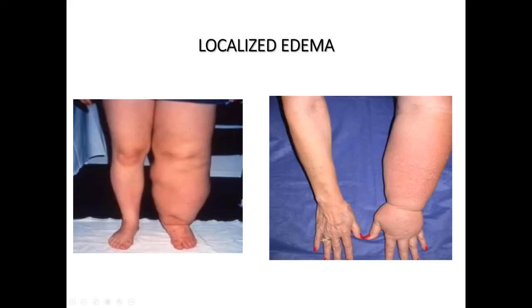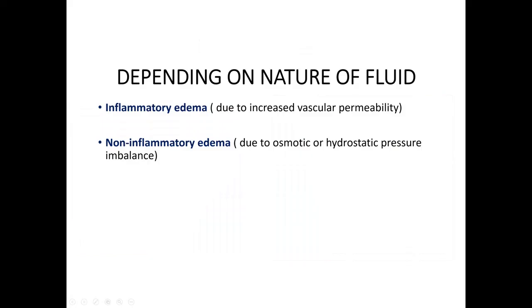Now you can well appreciate in this photograph localized edema of the leg and of the arm. We also divide edema depending on the nature of the fluid: inflammatory edema due to increased vascular permeability, and non-inflammatory edema due to osmotic or hydrostatic pressure imbalance.